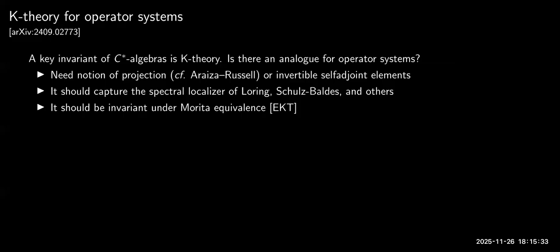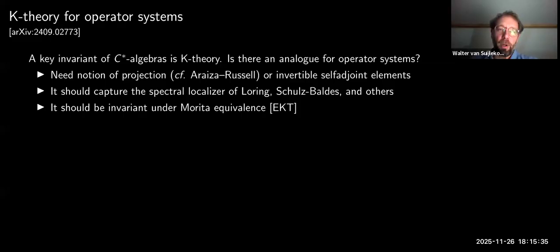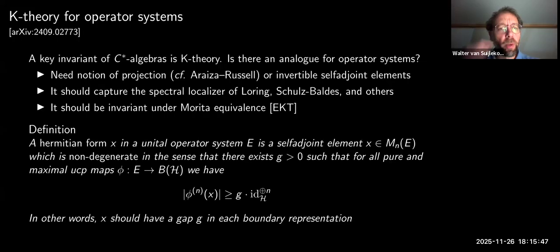Okay. So if you take a slightly different perspective on K-theory, there's a very nice way to do this by looking at Hermitian forms. Actually, it's in the sense of Witt, and that's the perspective I'd like to take.